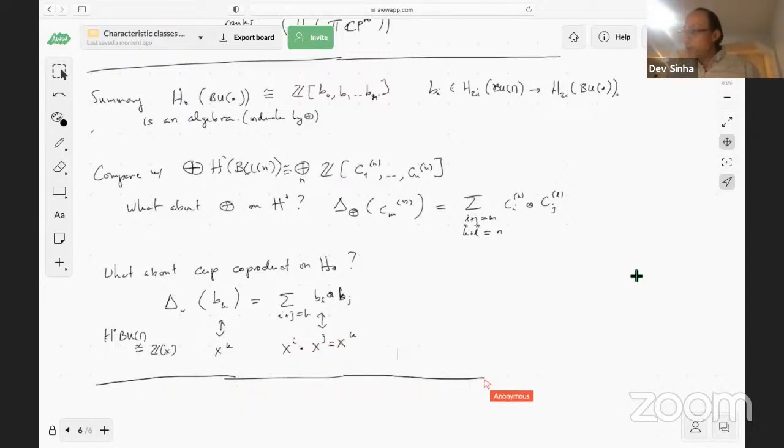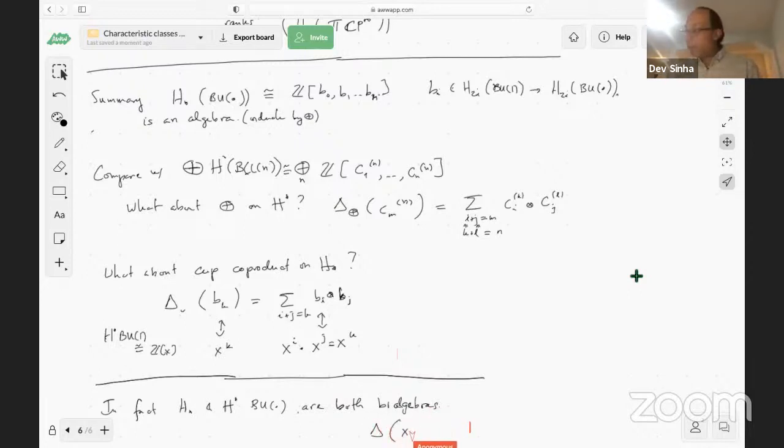In fact, the homology and cohomology of BU bullet, even the full cohomology if I take that direct sum rather than some kind of inverse limit, these are both bialgebras.